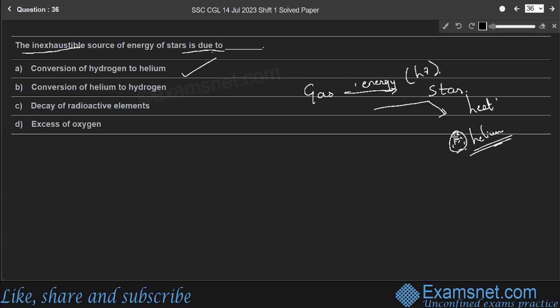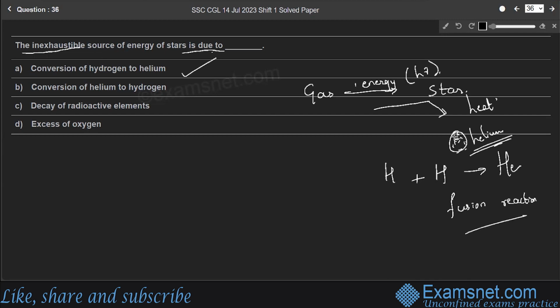This in turn causes the commencement of nuclear fusion. For example, hydrogen plus hydrogen forms helium. When two hydrogen atoms combine to form a helium atom, that process is known as a nuclear fusion reaction.